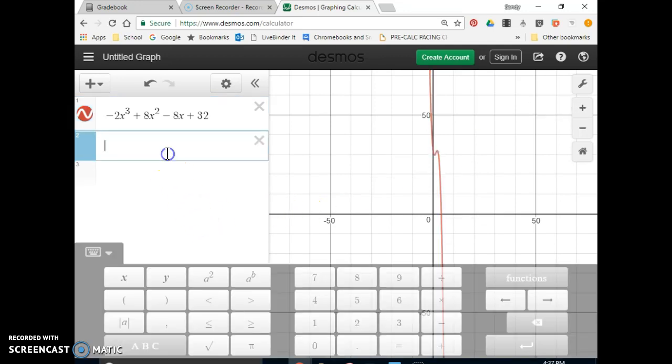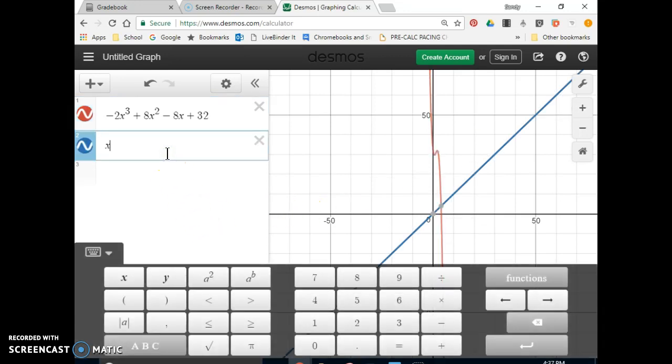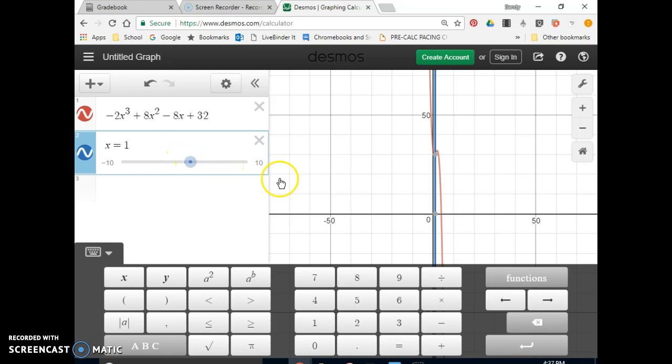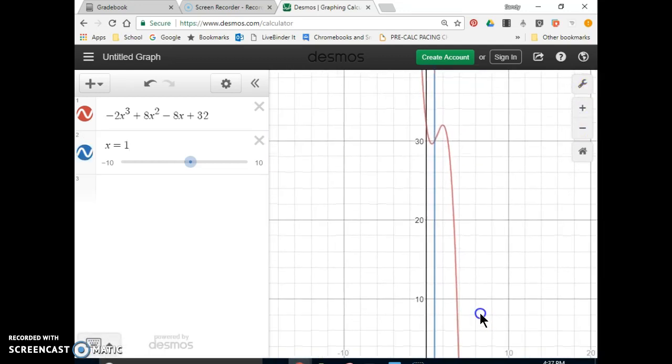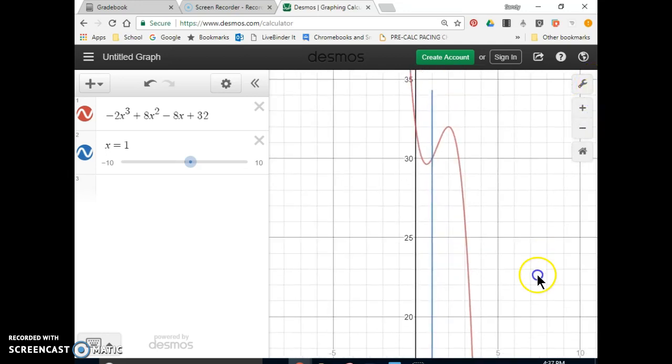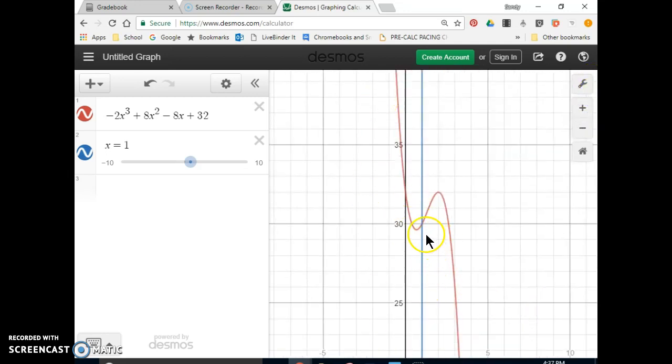The other way I could do this is type in x equals 1 and draw a vertical line right here. Do you see how this vertical line, x equals 1, and my original graph, my red cubic function here, cross at the point (1, 30), so that way I know that that point is right.